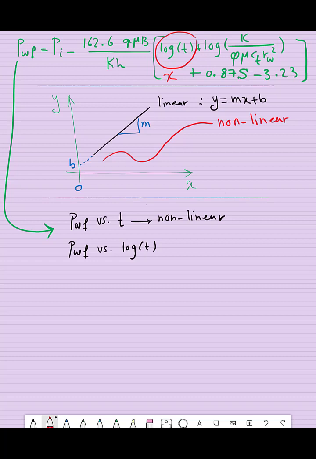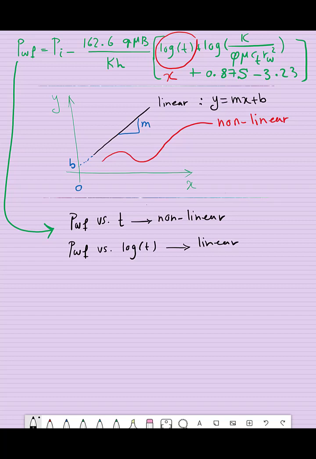And if I plot PWF versus x, then what do you think it's gonna be? It's correct. It's gonna be a linear equation because it will look like something like this.